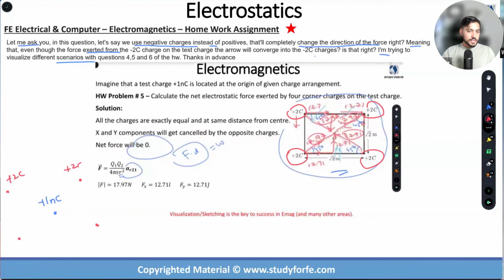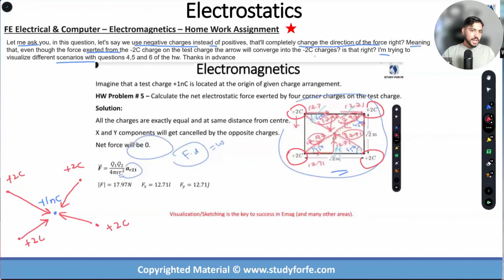If you visualize it and have a little bit of a sense of spatial arrangement, you'll see that the net force in this very symmetric arrangement with equal values of charges is going to be 0, because all of these force lines are going to cancel each other out, right?